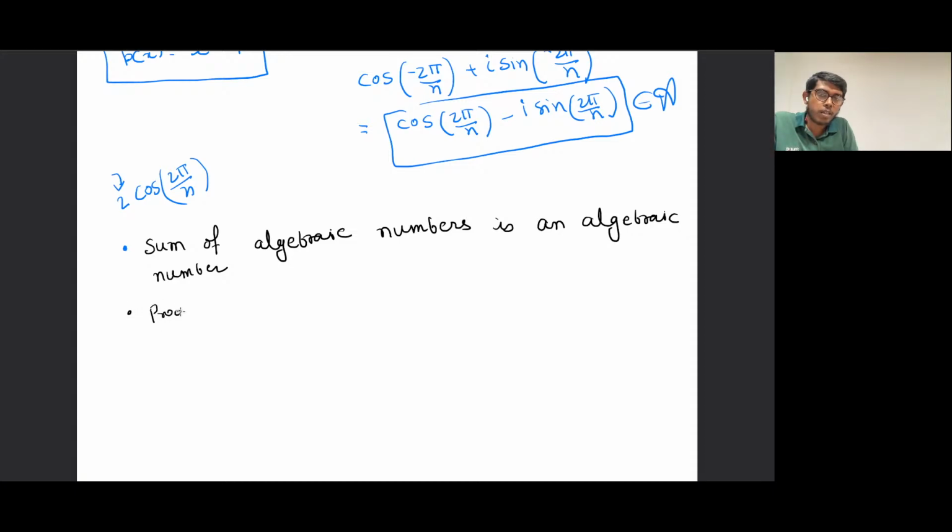Similarly, product and scalar multiple, all. Okay, so if I multiply by some scalar, that is also an algebraic number. And if I multiply two algebraic numbers, that's again an algebraic number.